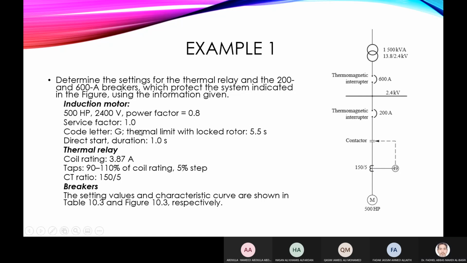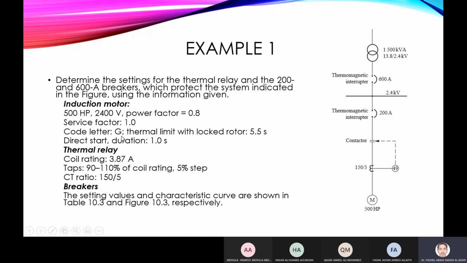Now, what is the motor information given to us? I want to set now the time settings and pickup settings of the curve for the thermal overload, and time and current settings for this. So the information given: this is a 500 HP motor, the rated voltage is 2.4 kV, power factor 0.8, service factor 1.